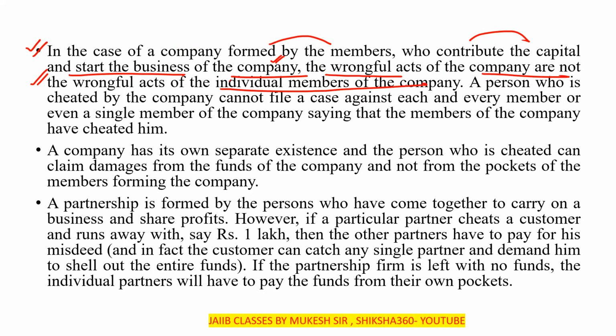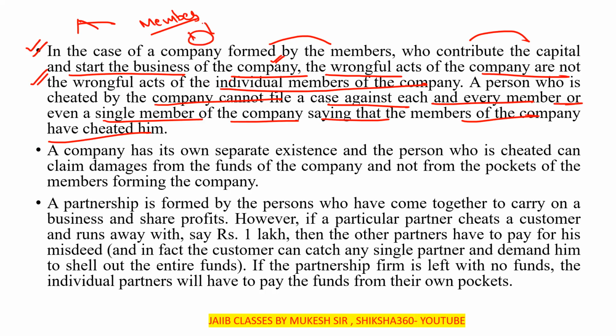So a member who is cheated by the company cannot file a case against each and every member, or even a single member, saying that the members of the company have cheated him. Clear? Say there are five members of the company.